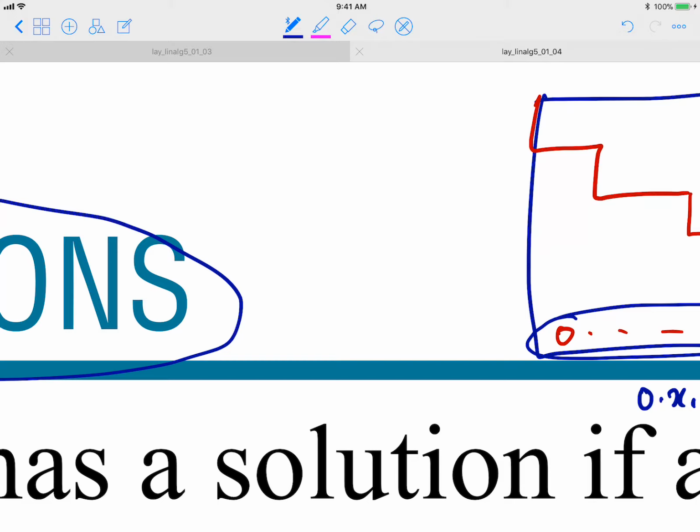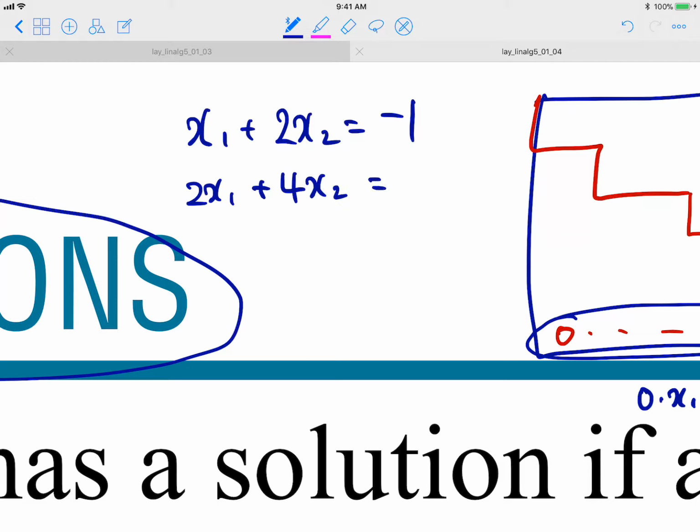If you remember the example that I showed last time, x1 plus 2x2 equals -1 and 2x1 plus 4x2 equals maybe -2. In this case, do we have a solution or not? We have a solution, right? But what if I gave you 2? In this case, we have no solution at all, right?